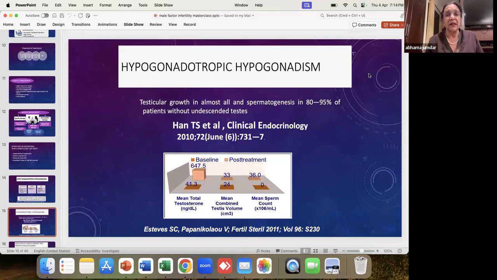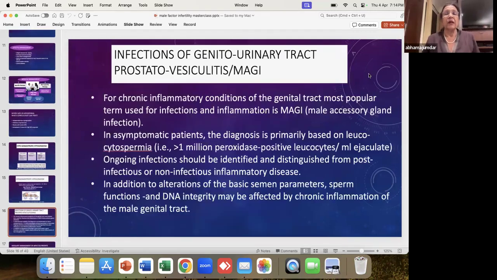If you can see here, baseline is the dark one and the lighter one is post-treatment. Mean total testosterone has grown from 41 to 647. The testicular volume has grown from 24 to 33 centimeters square, and the mean sperm count has grown from 0 to 36 million.